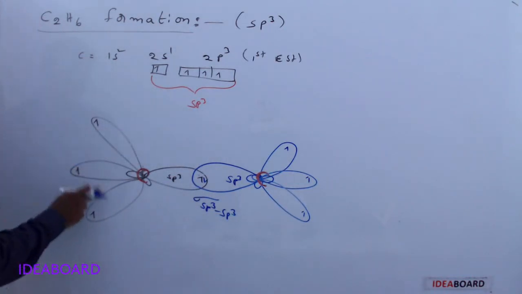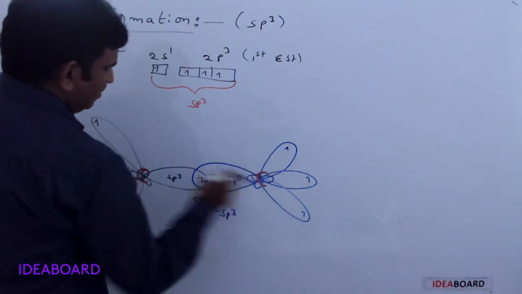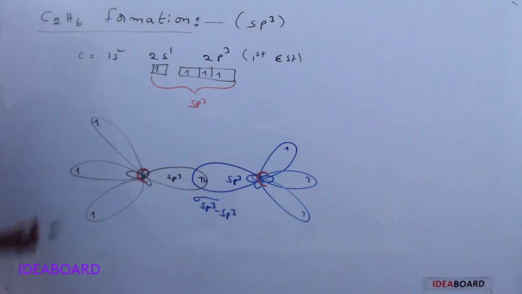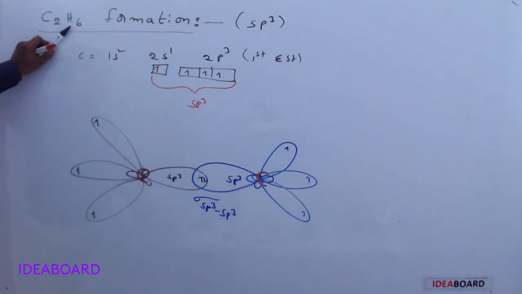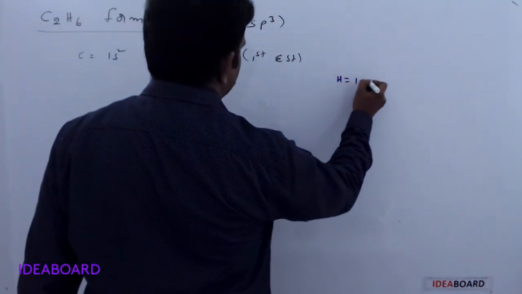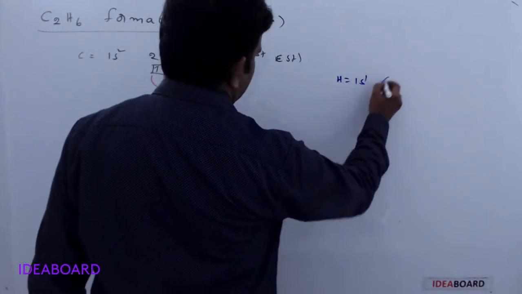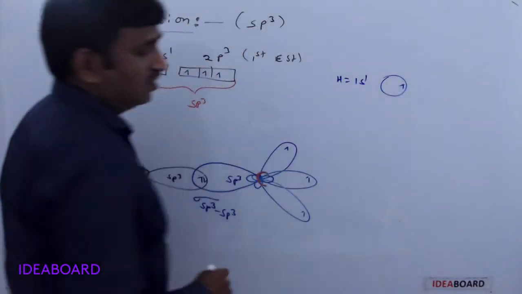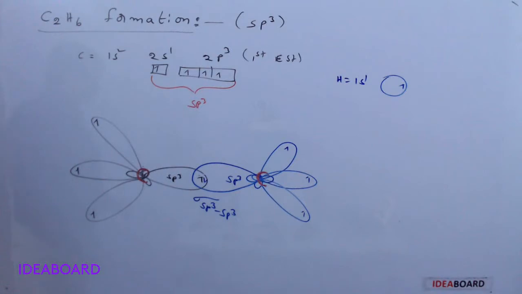Next, what about these hybrid orbitals? Here 3, here 3, totally 6 we have. And now see how many hydrogens we have? 6 hydrogens. Each hydrogen has a 1s1 spherically shaped s orbital having a single electron.